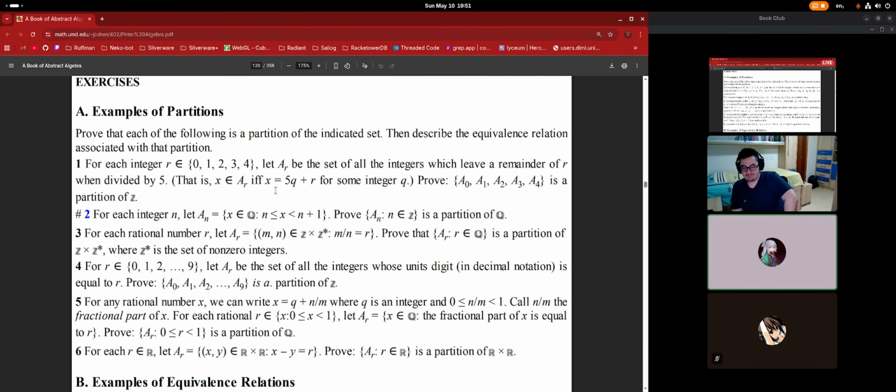This is relating arithmetic mod 5, the congruences, as forming a partition of the integers, right? Yes, and it's fairly intuitive that if you have all the integers and you divide them by the remainders from 0 to 4 of dividing by 5, you're going to cover all the integers eventually because it wraps around.